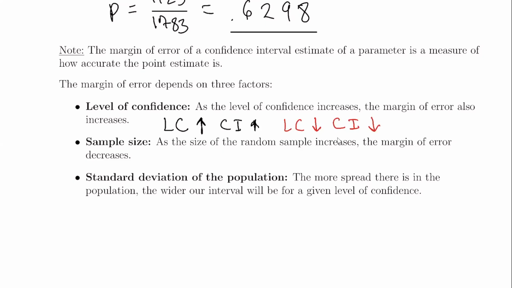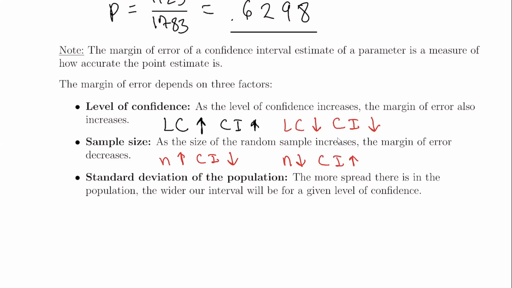So let's do sample size. If we increase the sample size, what's going to happen? Our confidence interval is going to get narrower, because the bigger sample size we have, the more precise our confidence interval should be. The smaller your sample size gets, the wider your confidence interval should be.